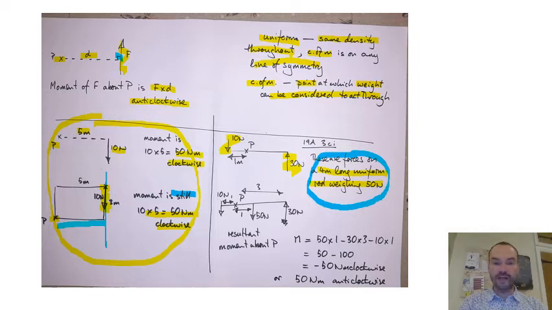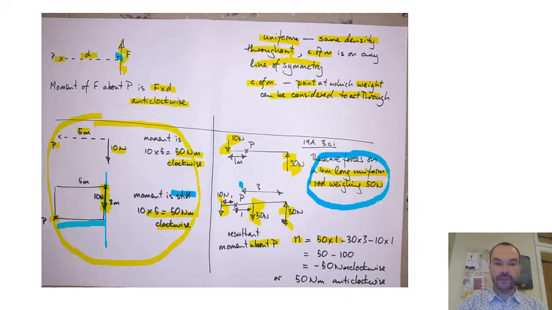Redraw the diagram with the 10 on it, the 30 newton force, but then add the weight acting vertically downwards from the middle. The resultant moment M about P is 50 times 1.